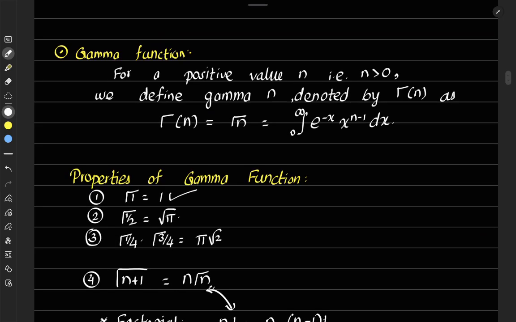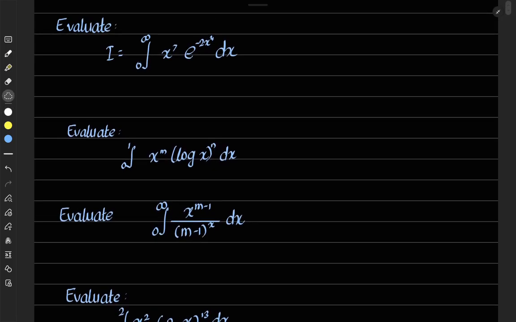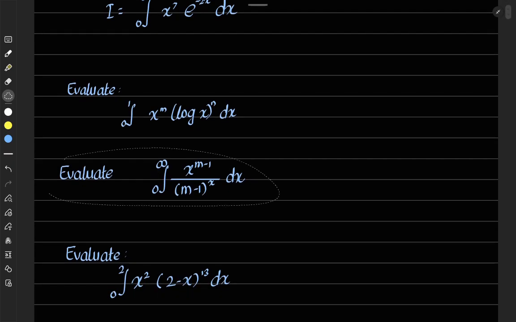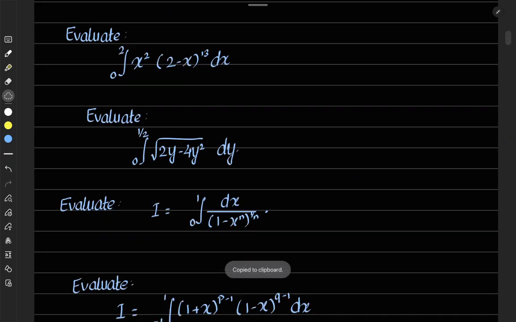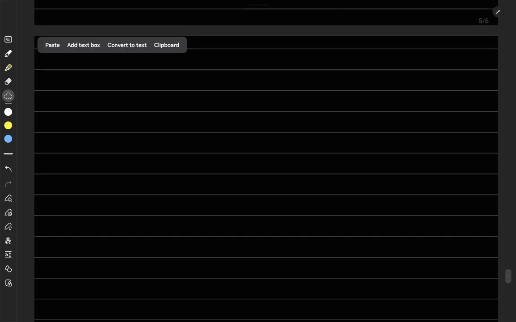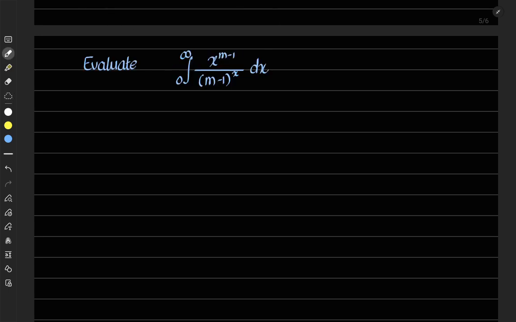Now let's start the third example. So consider this example, we want to evaluate this quantity. So notice that the integral I can be rewritten as integral 0 to infinity x to the power m minus 1 into m minus 1 to the power minus x dx.